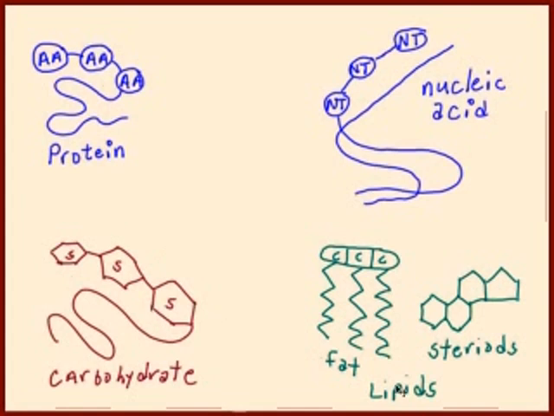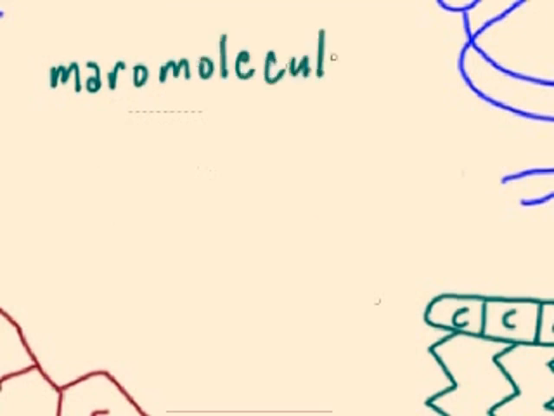And we have lipids, which can be either fats and oils or steroids. Now these 4 molecules, because they are very large, we call them macromolecules. Macro means big, so these are macromolecules.